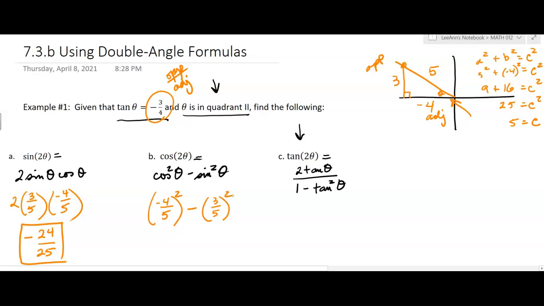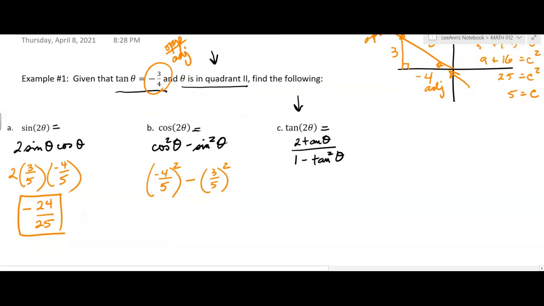And we have to square that as well. So it might need a little more room. 16 over 25 minus 9 over 25. So what's that? 7 over 25. So that would be the cosine of 2 theta, right there.